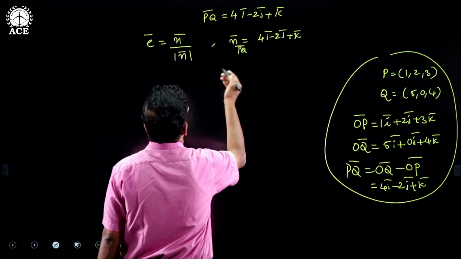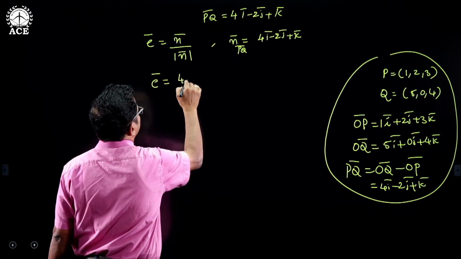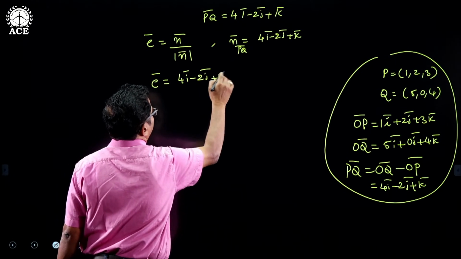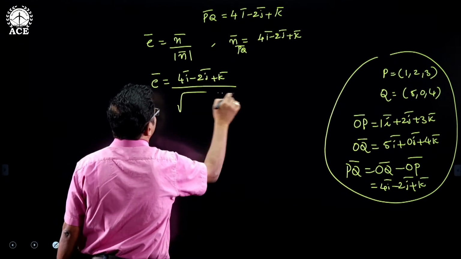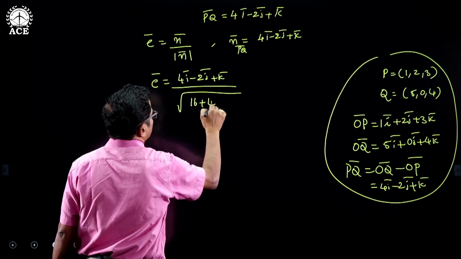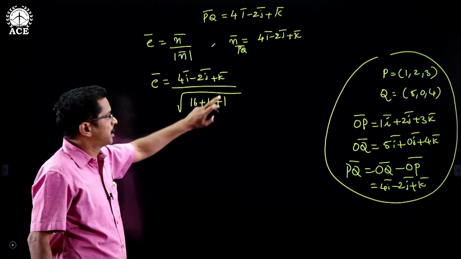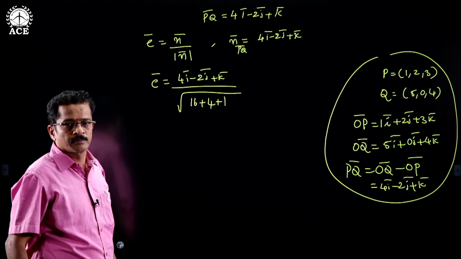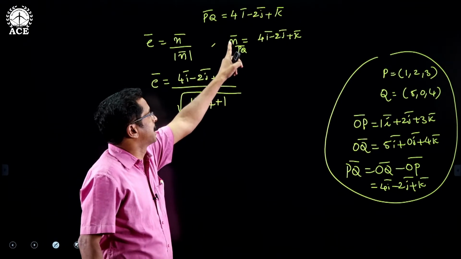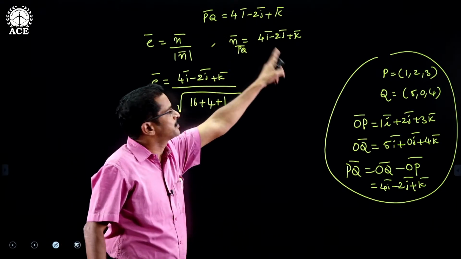Then E bar equals 4 I bar minus 2 J bar plus K bar divided by the root of 4 squared, 16, plus 4 plus 1, since minus 2 whole squared is 4 and 1 squared is 1. So the vector along PQ bar becomes n bar.